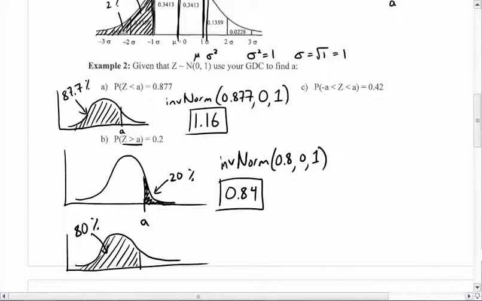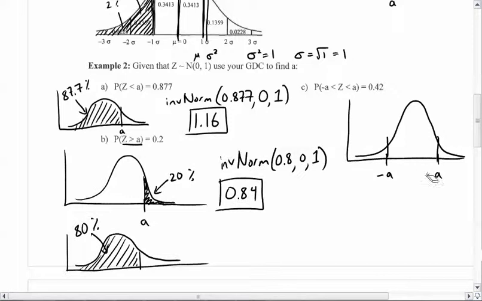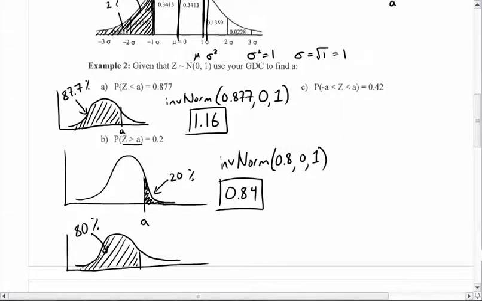And finally, the last one is saying, this time I want to find a value negative a and a value a, so that in between those 2 points, I have 42%. Okay, so that's probably very badly drawn. Let me draw my normal curve first and then my points.